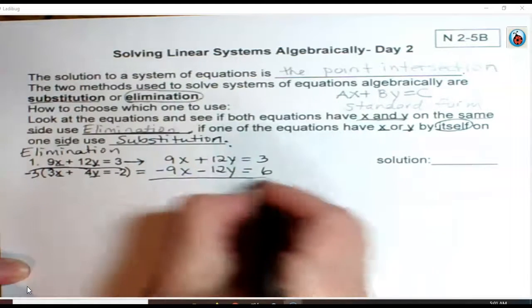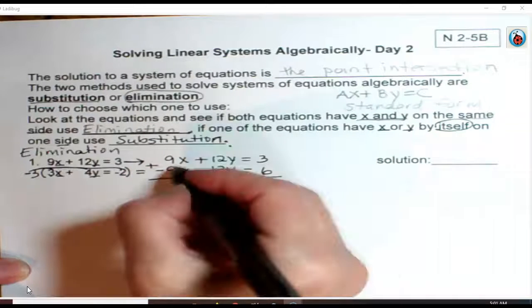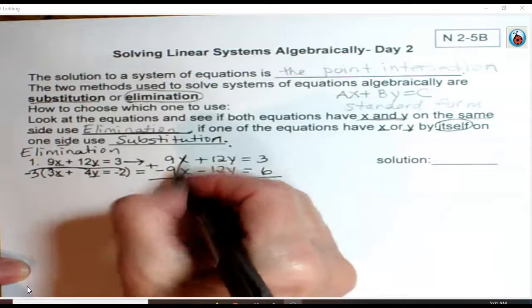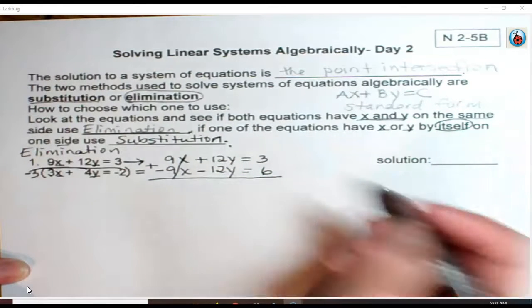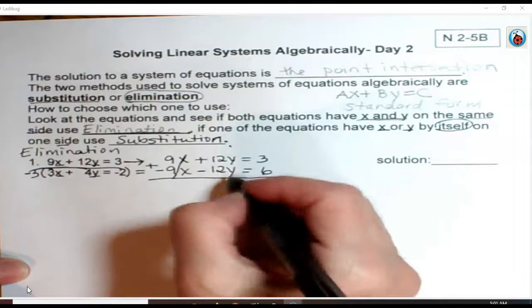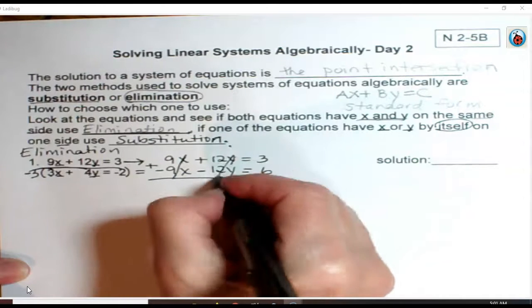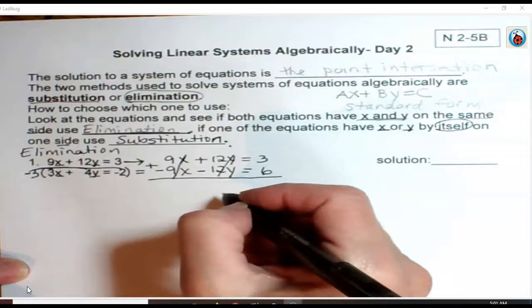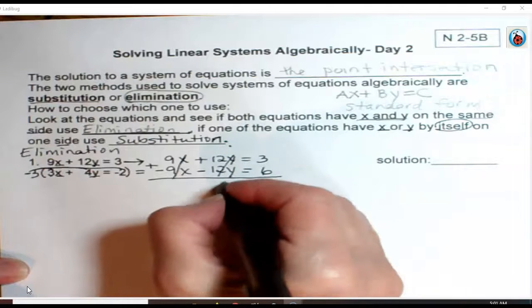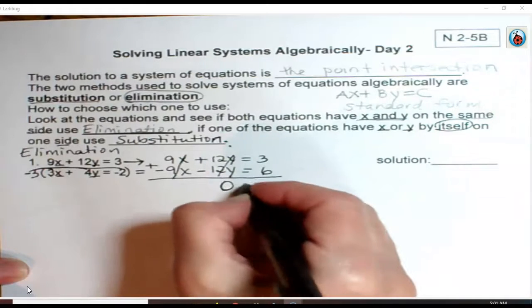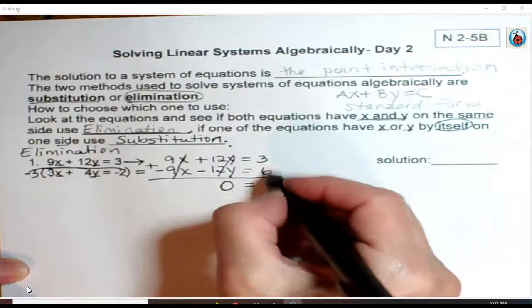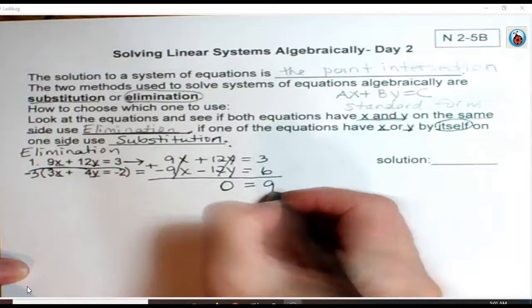Okay, so I'm going to add those two equations. 9 and negative 9 go away. That's perfect. Okay, 12y minus 12y, those go away too. I don't have anything over here on the left-hand side, so I've got to write a 0 down. And then 3 plus 6 is 9.